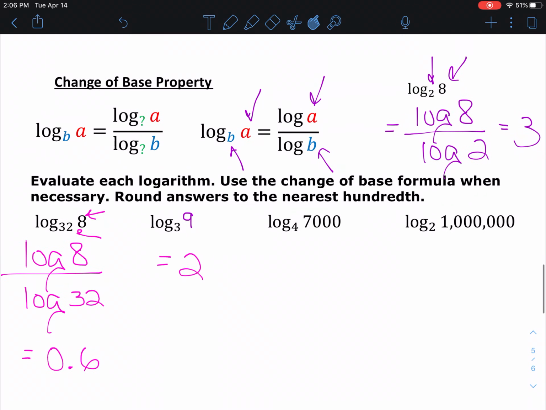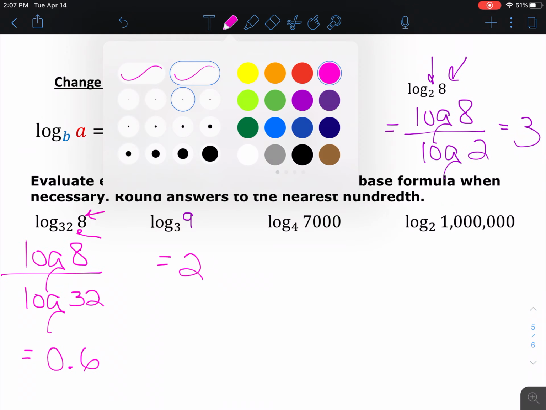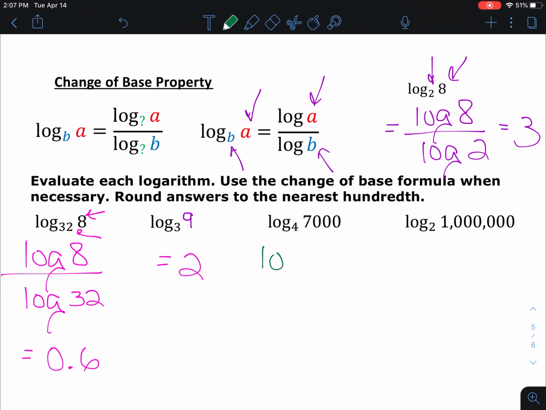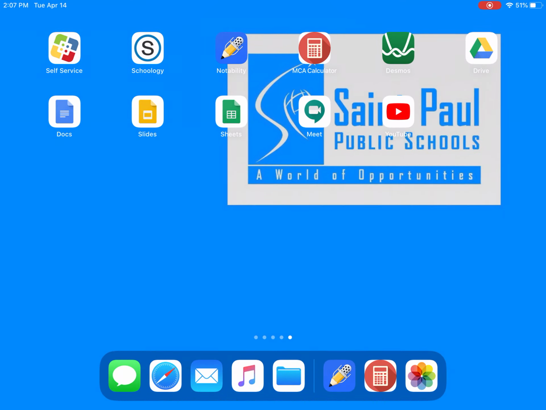So if I rewrite, rewriting this using the change of base would be log 7,000 over log 4. Again, no base, so that means 10. So now I'm going to use my calculator to type that in.